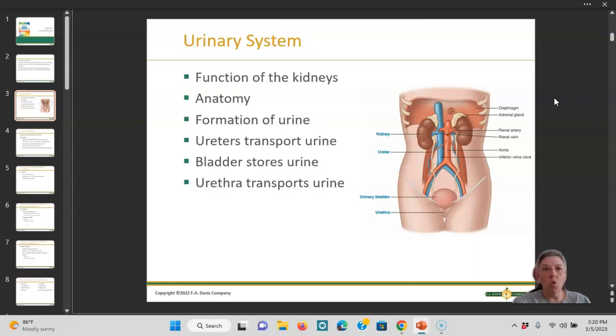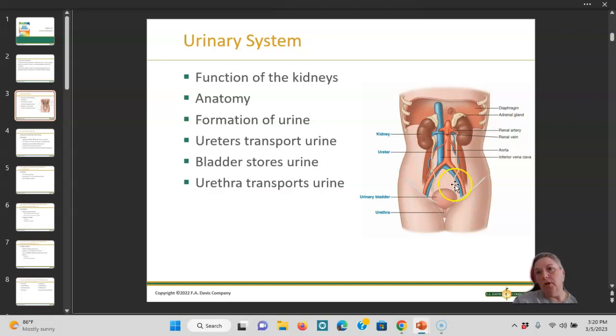So know all the function of the kidneys, the anatomy that's in there, what goes with the kidneys, what goes with the urinary system, the formation of urine, the ureters transporting the urine, the bladder storing the urine, and the urethra transporting the urine out of the body.